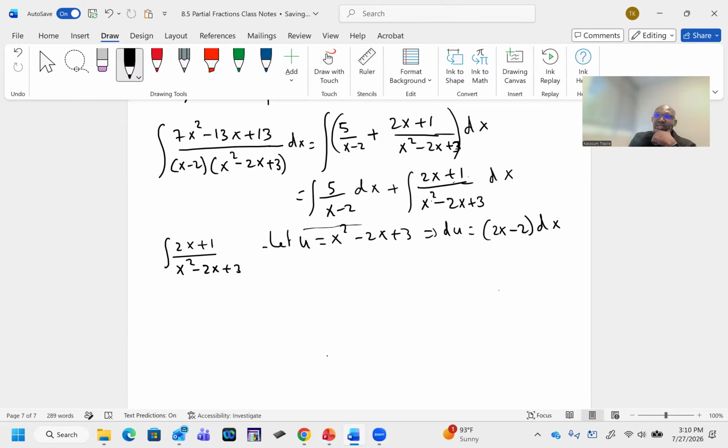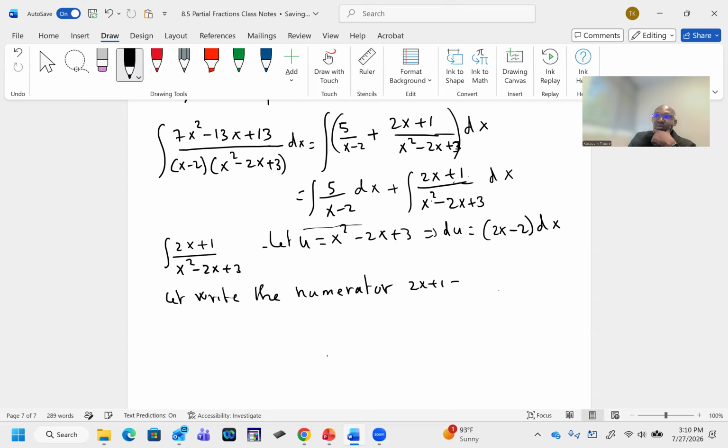So let's rewrite the numerator, which is 2x plus 1.